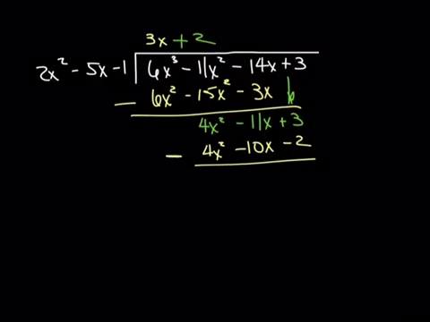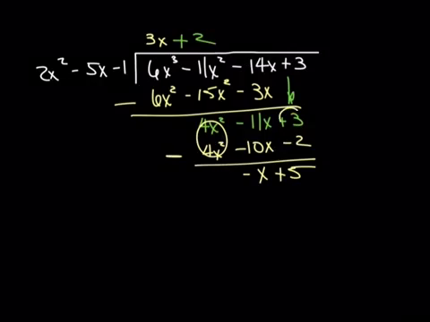Alright, let's go ahead and subtract. Those go away. Negative 11 minus negative 10 is negative 11 plus 10, which is negative 1x. 3 minus negative 2 is the same as 3 plus 2. Okay? And at that point I'm done.